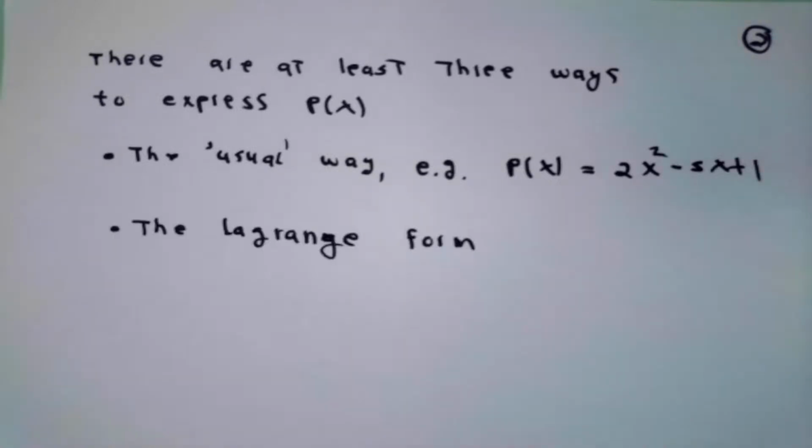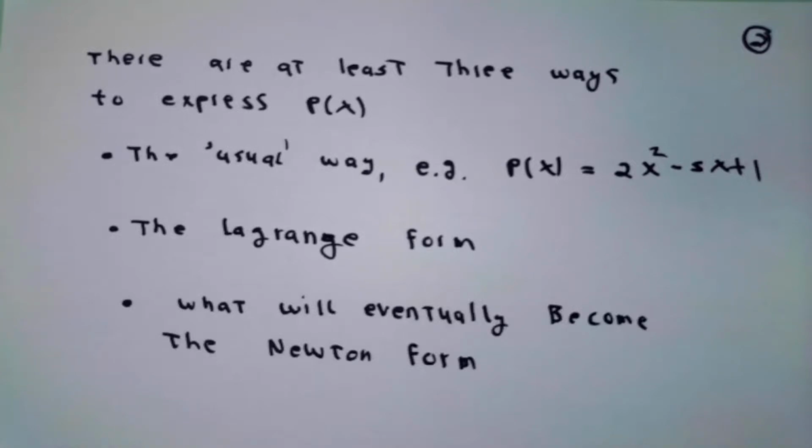Then there's the Lagrange form, which for most of us is a new thing, which we previously talked about in class and will briefly go back over in a moment. And then there's what will eventually become the Newton form of the interpolating polynomial, which we'll talk about as well.